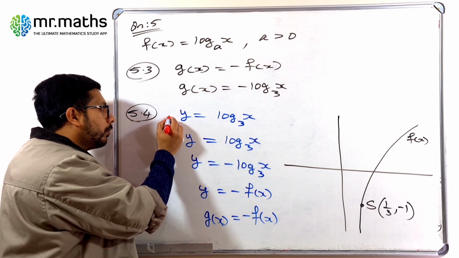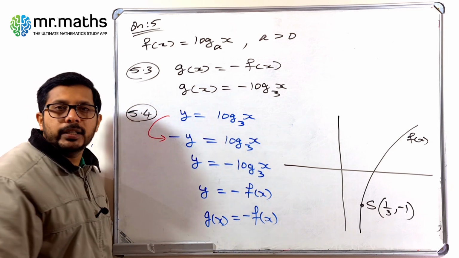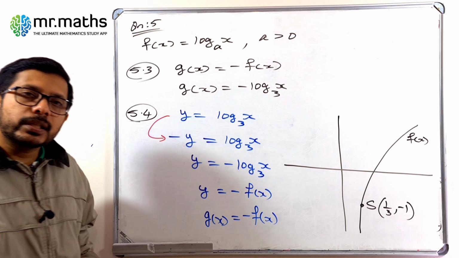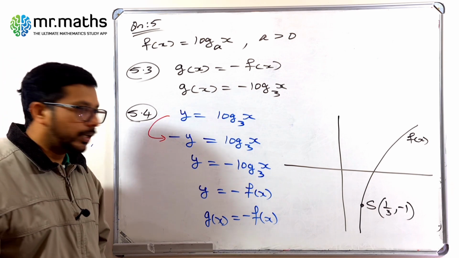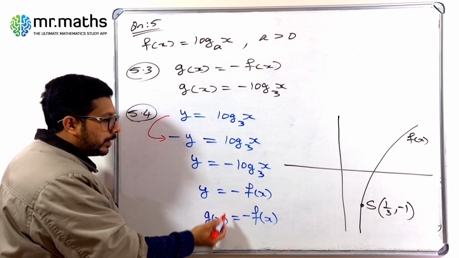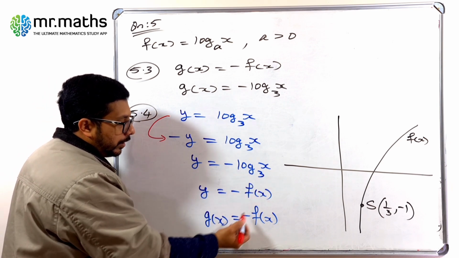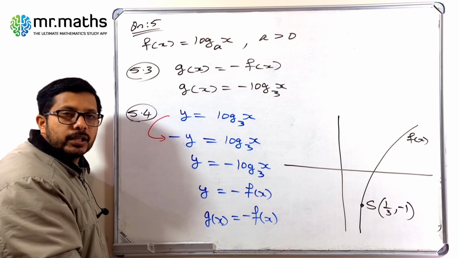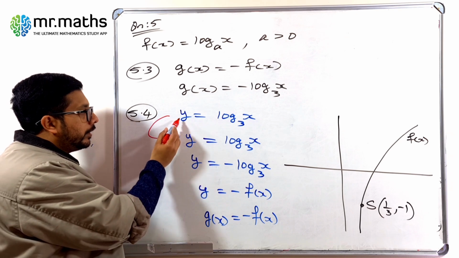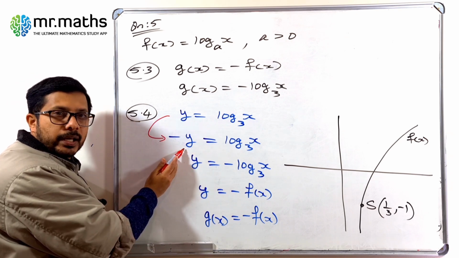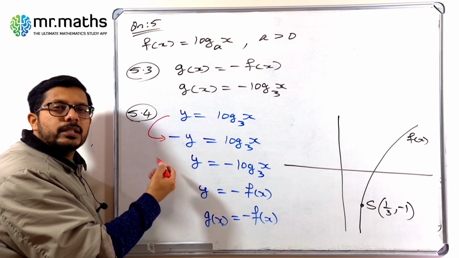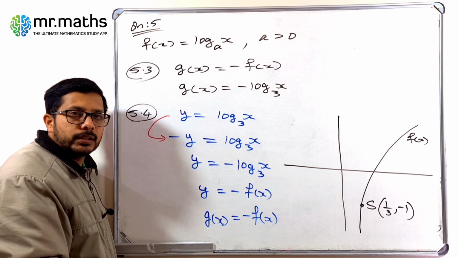Then this is the clue. What I did there, I changed the sign of y, and that is how I got this g of x equation, minus log x to the base 3, and that is g of x. So in effect, I changed the sign of y. Change the sign of y means what?